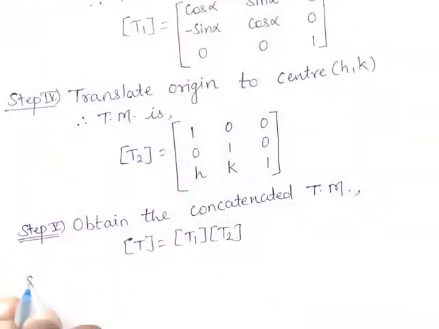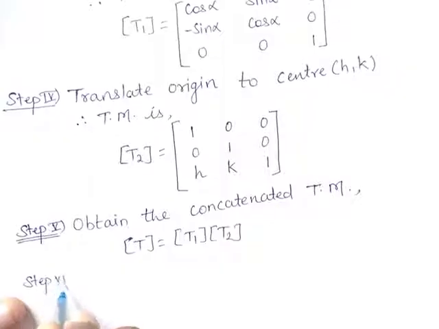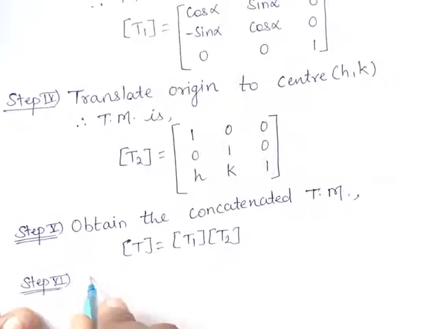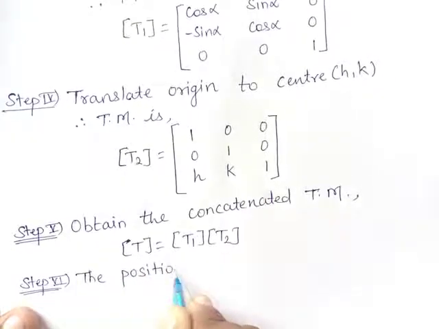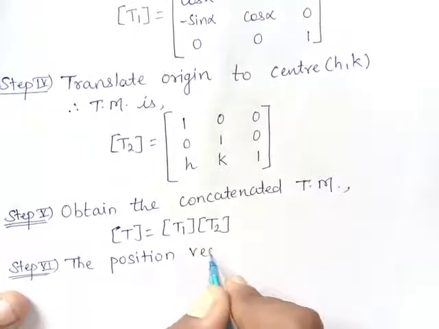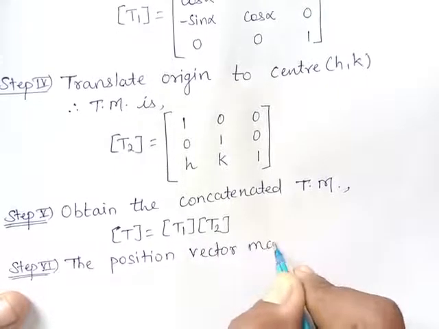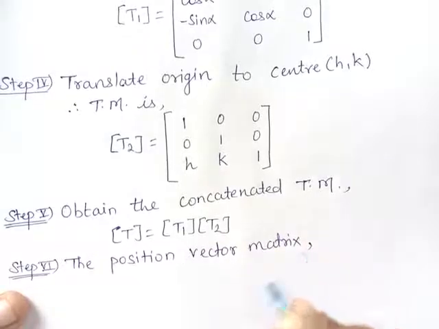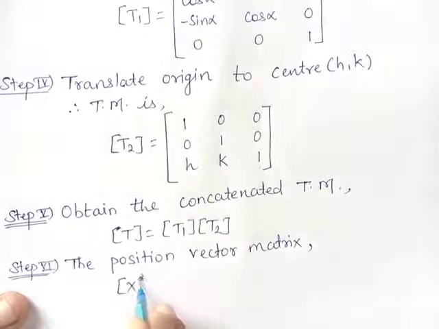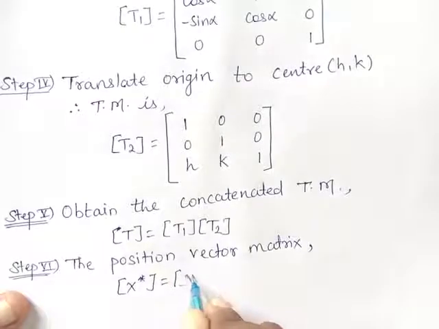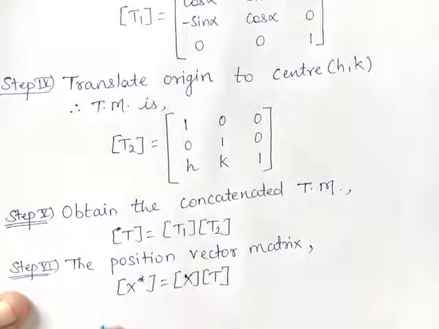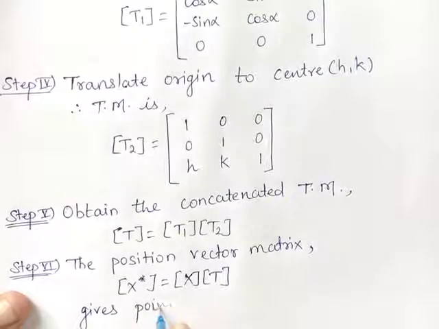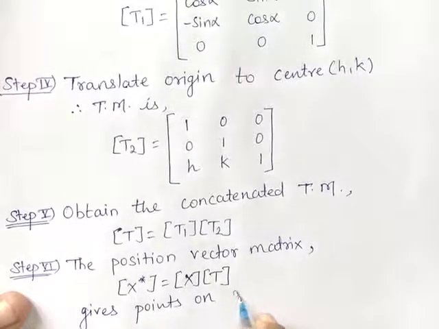Now step 6: the new position vector matrix, X star, is X into T. X into T gives points on the required ellipse.